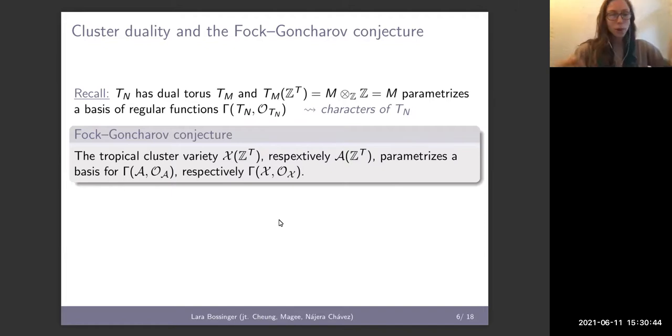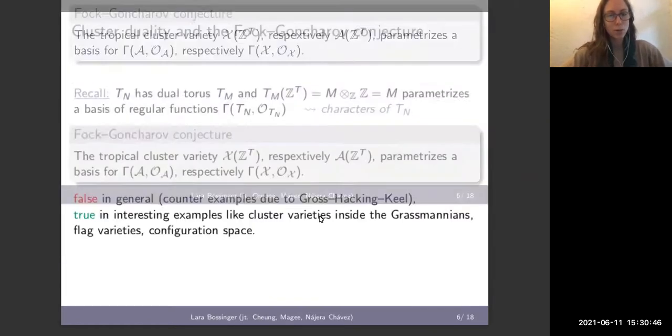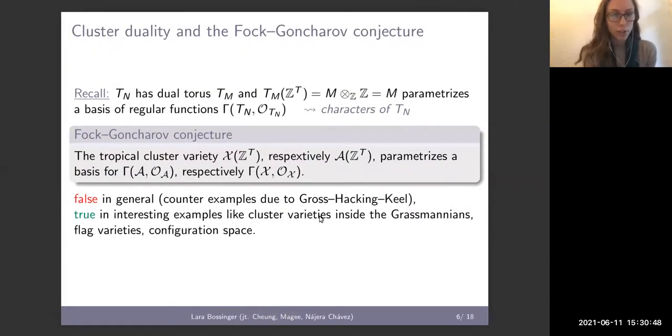One thing that is important to mention along with this conjecture is that it is false in general. There are counterexamples, actually of quite small dimension, 3-dimensional A cluster varieties, where this is simply not true. If you're familiar with the subject, it's the Markov quiver that gives you an A-type cluster variety where the conjecture does not hold.